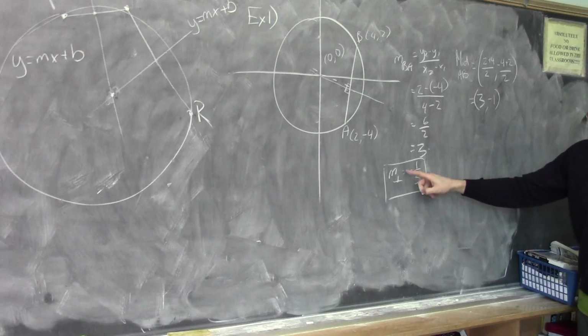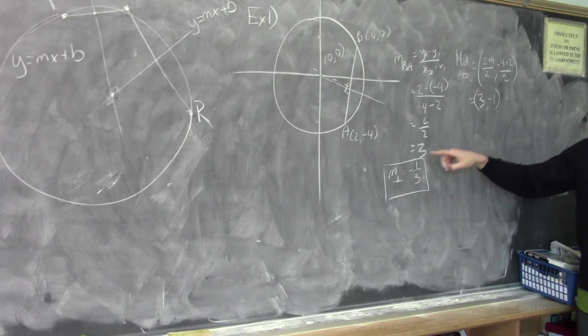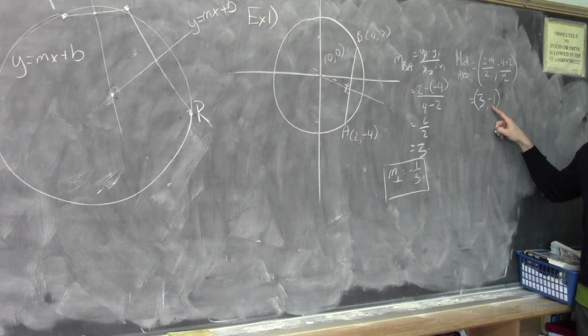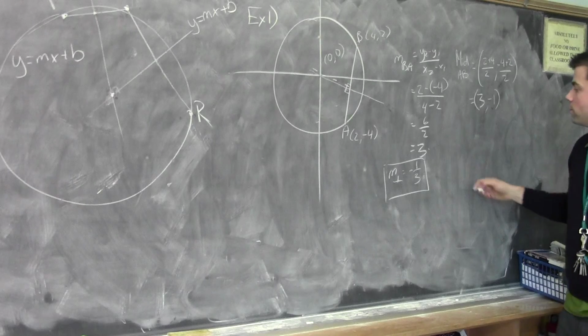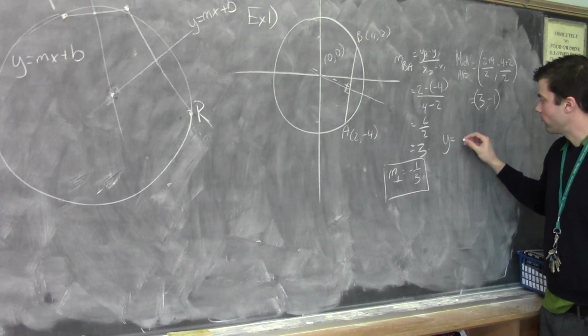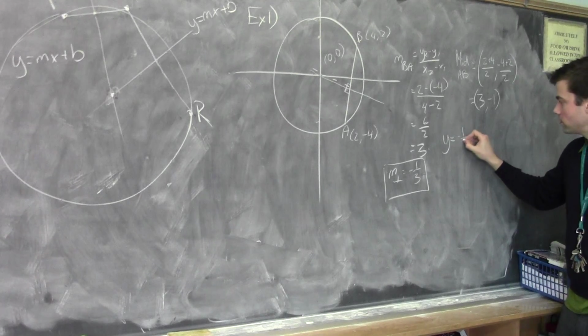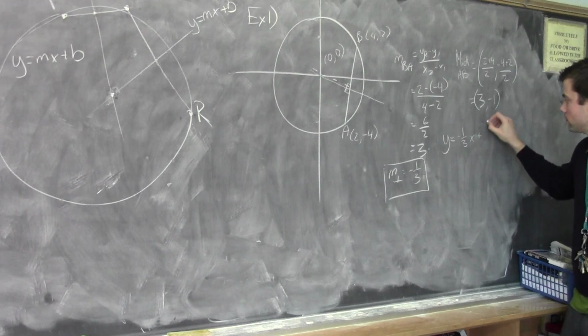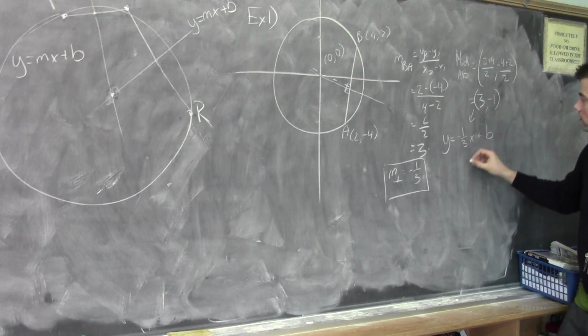Okay, so now we have the slope of the right bisector, and we have a point that the right bisector contains. With these two pieces of information, we can plug into our formula y equals mx plus b. Plug in this point.